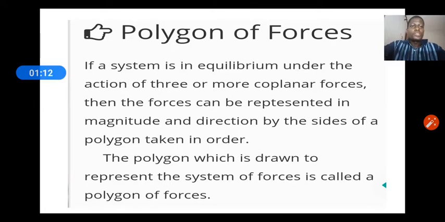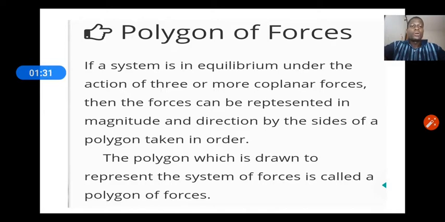If a system is in equilibrium under the action of three or more coplanar forces, then the forces can be represented in magnitude and direction by the sides of a polygon taken in order.